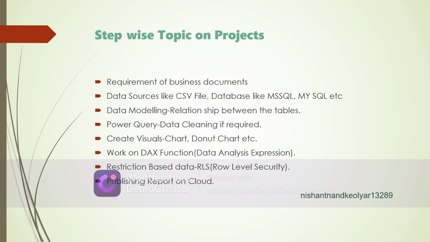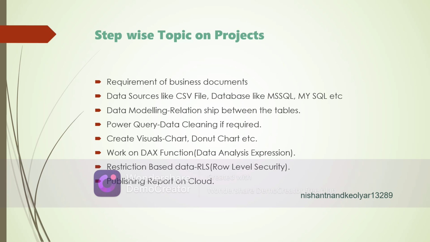So the user sees the report as per the access given by the admin team, because the admin gives the permission to the role. Each role has, for example, admin and contributor for publishing the report.